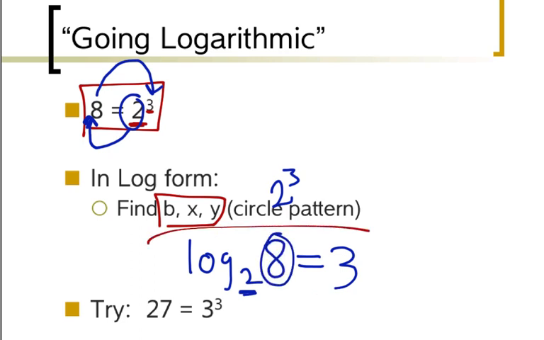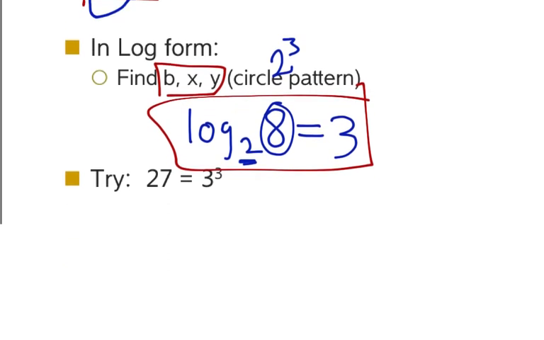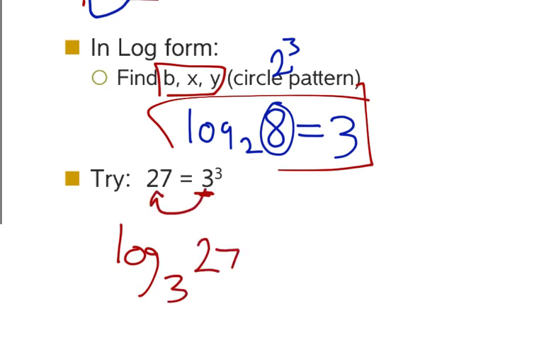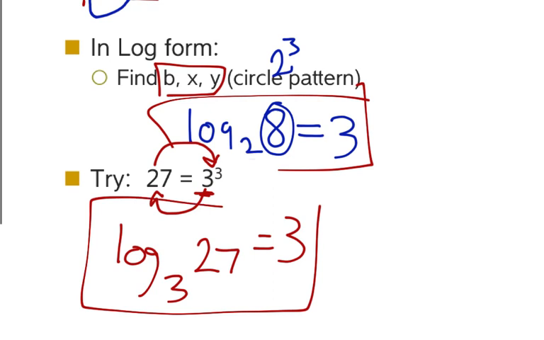But this is the answer for rewriting it in log form. So if we were to try 27 equals 3 to the third power, well, I start with the base again. The base is 3, so log base 3 of 27 equals 3. Okay? So this would be your logarithmic way of writing 3 to the third equals 27.